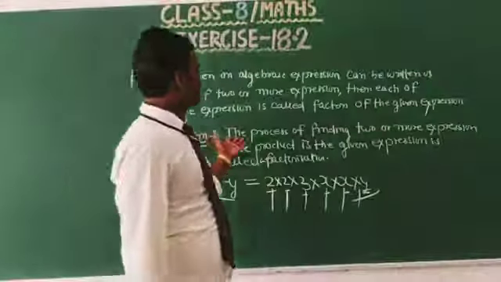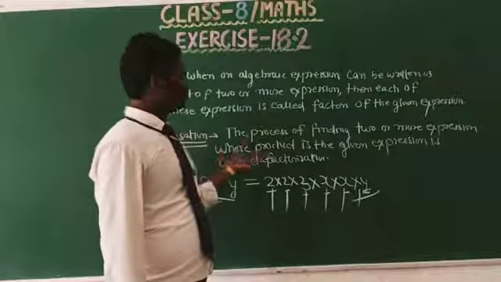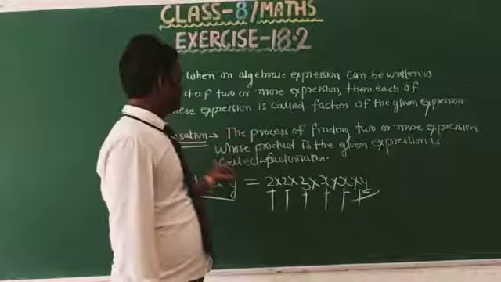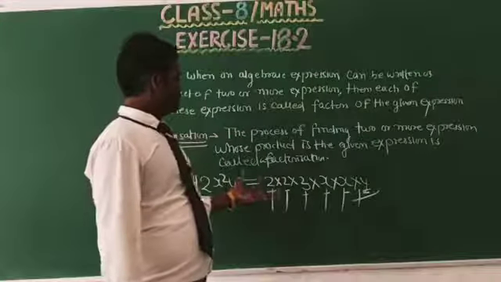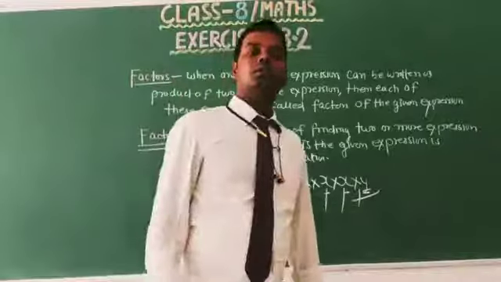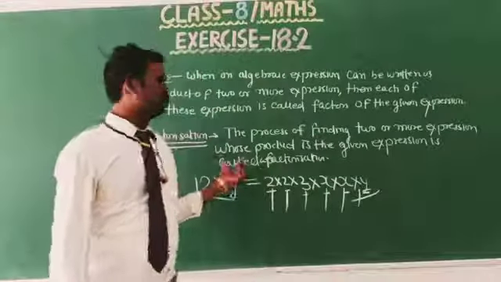Factorization, the process of finding two or more expressions whose product is the given expression, is called factorization. Okay, so we can say factorization is the reverse process of multiplication.